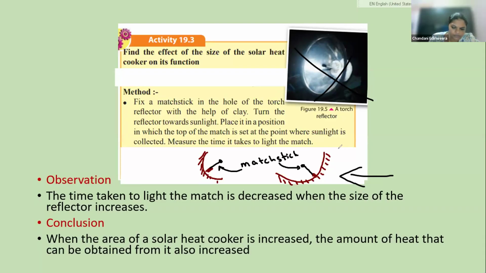Conclusion: when the area of the solar heat cooker is increased, the amount of heat that can be obtained from it also increases.